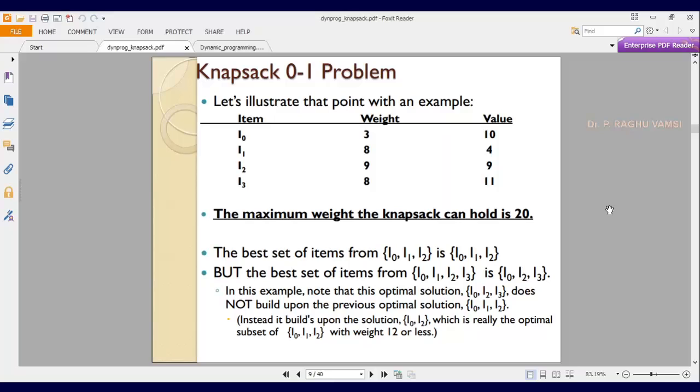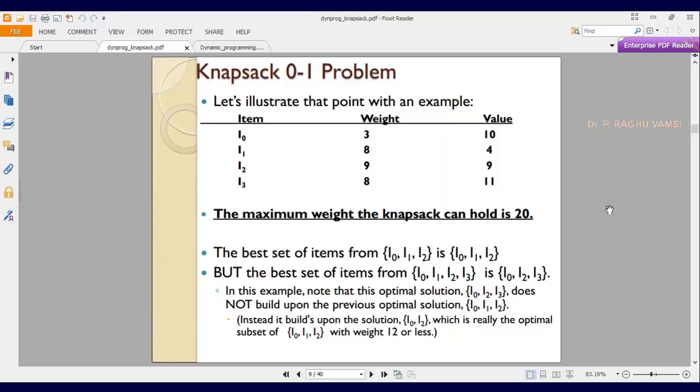All of you are requested to make a note of this example in your register, so that it will be easy for you to compare in the discussion. The maximum weight the knapsack can hold is 20.